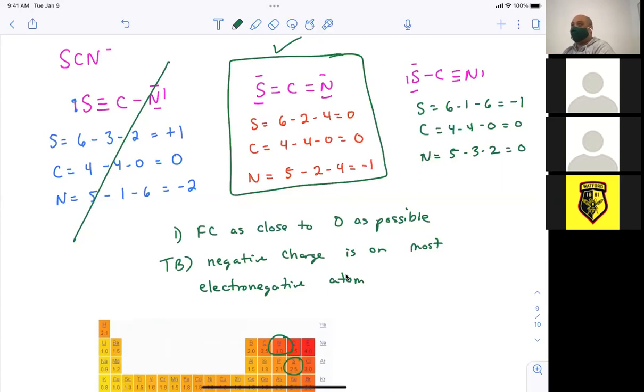And opposite, if there's a positive charge, the least electronegative one gets the positive charge. No. If it's negative, it goes on the most electronegative atom. If it's positive, it goes on the least electronegative atom.